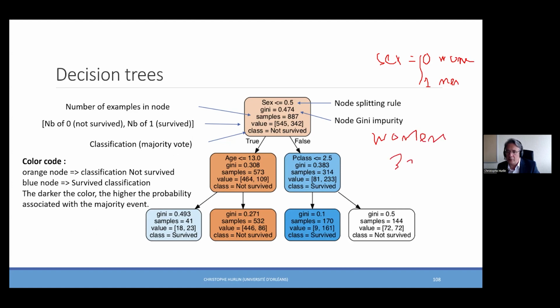So given this model, what is, according to you, the prediction for a woman of 32 years and class 1, with a ticket in the first class? So what is the prediction?